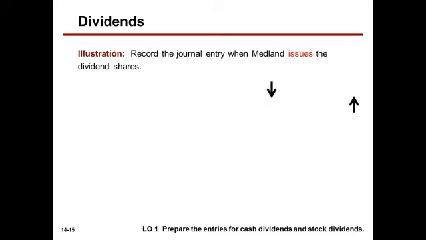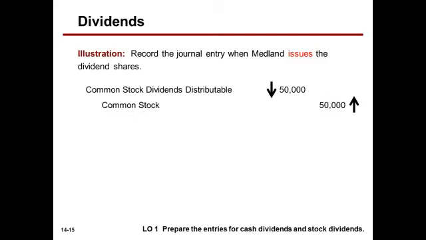Here's the journal entry upon issuance of the shares, or if you will, payment of the stock dividend. Remove the common stock dividend distributable value, debit $50,000. That zeroes out the credit in the previous entry. Crediting common stock, $50,000.